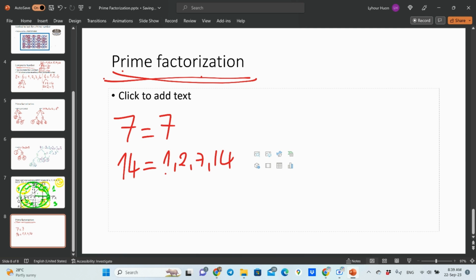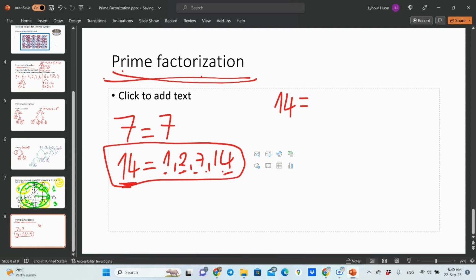These are the factors of 14, but it's not the prime factorization of 14. It's just listing the multiples, which are called the factors. Prime factorization uses only the factors that are prime numbers.